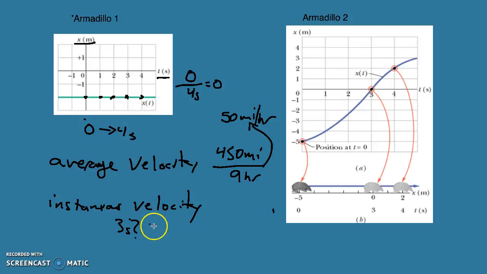Since it's not, we could just say that's going to be 0 meters per second. So in this case, the average and instantaneous velocity were the same. One indicator that we can use when we're talking about velocity: if we're looking between two times, that's a clue that we're finding average velocity. If we're looking at a single time, that's a clue that we're finding instantaneous velocity.